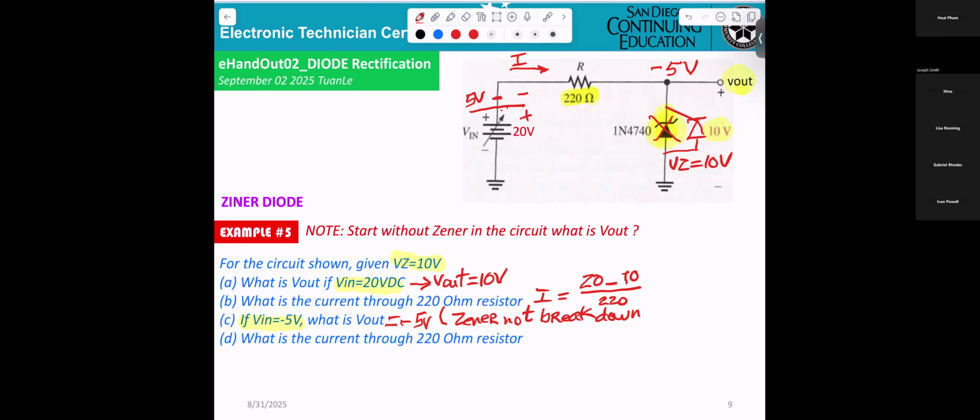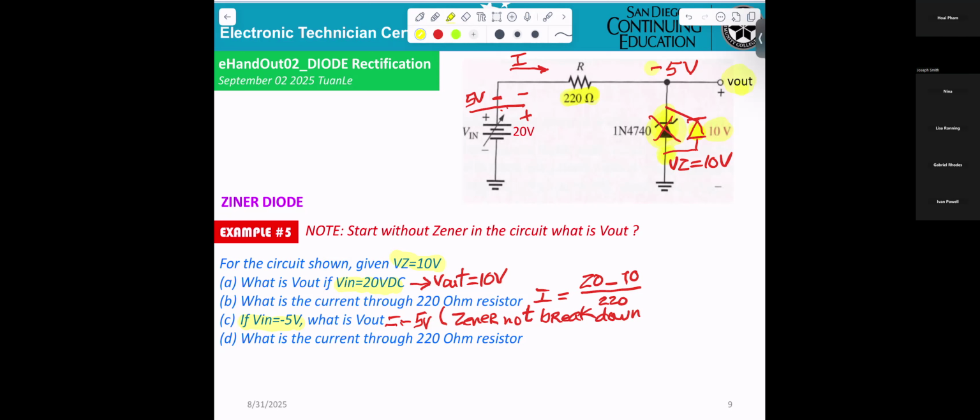So now we know the Zener is 10 volts and the input is -5. The anode is +10 and the cathode is -5, and +10 is higher than -5, so it operates like a normal diode in forward bias. Exactly, that means it does not break down. The Zener looks like a normal diode.